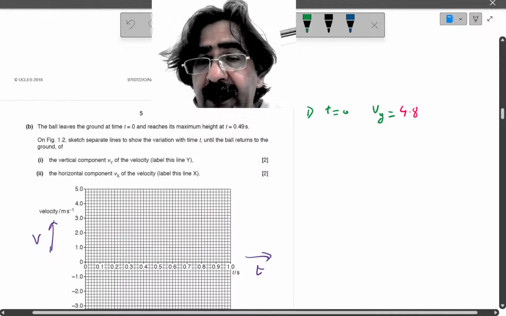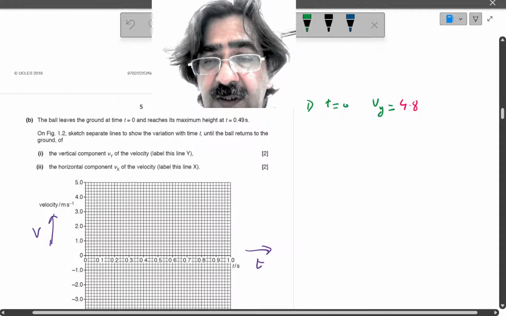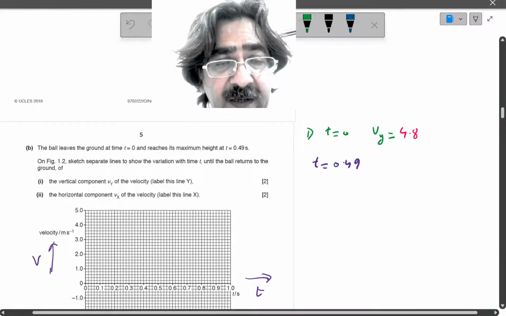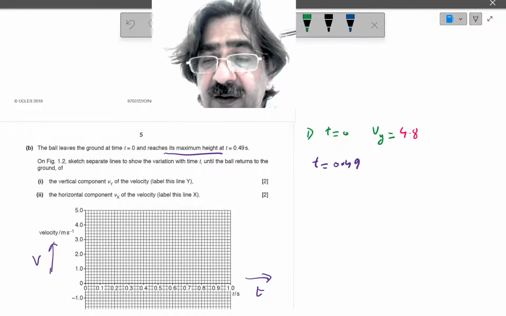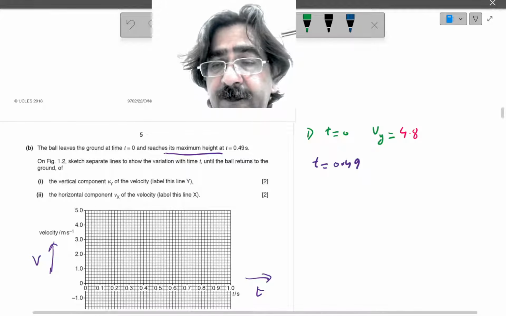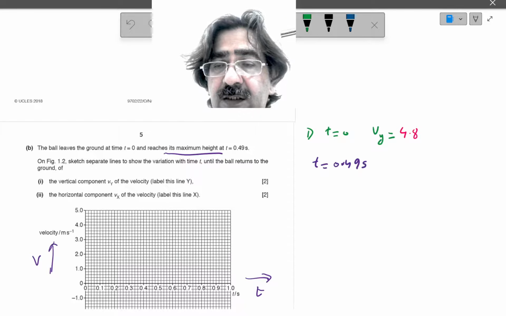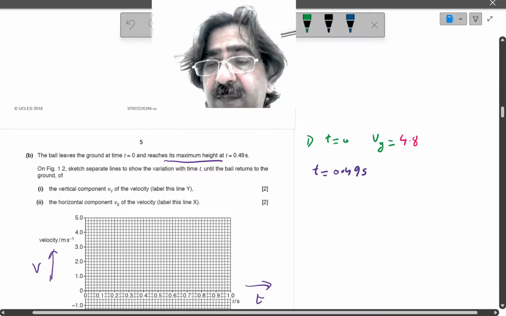At t equal to 0.4 second, it reaches the maximum height, which means the final vertical velocity component will be 0.